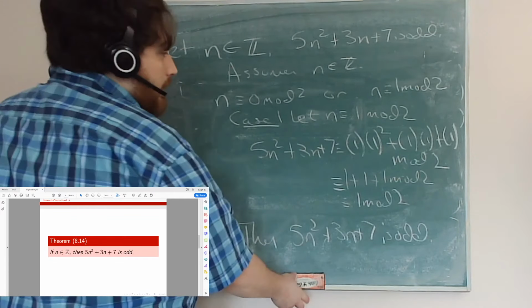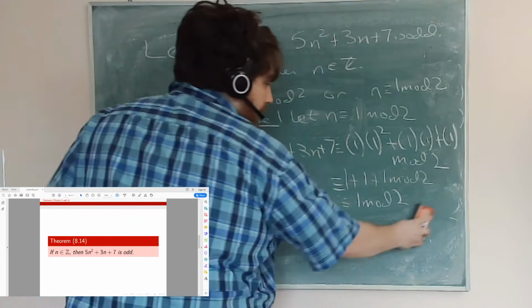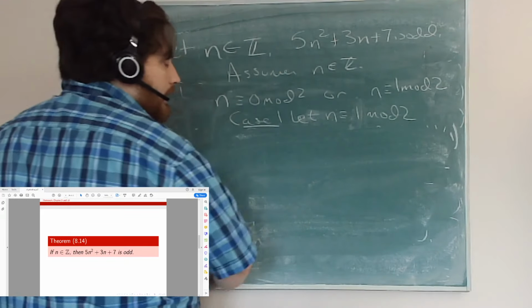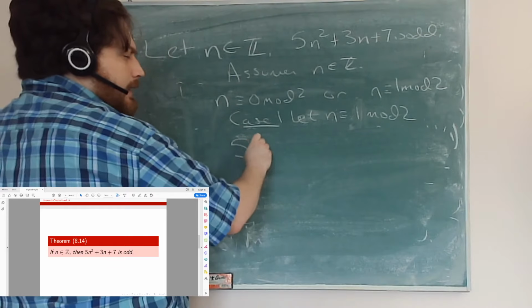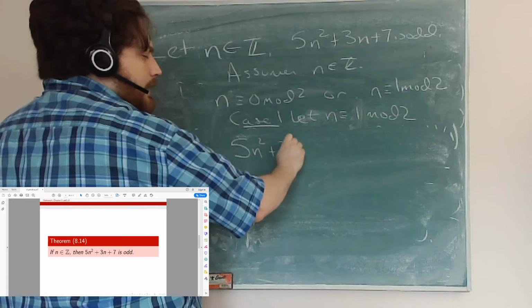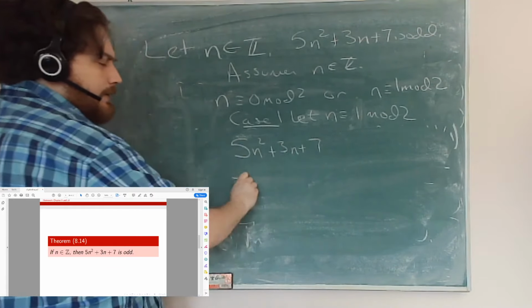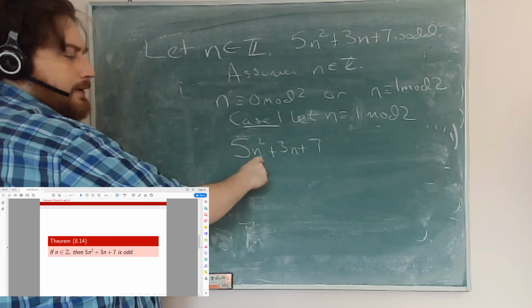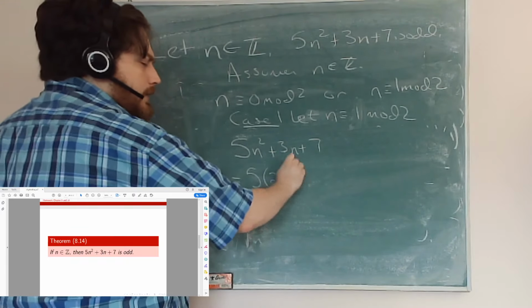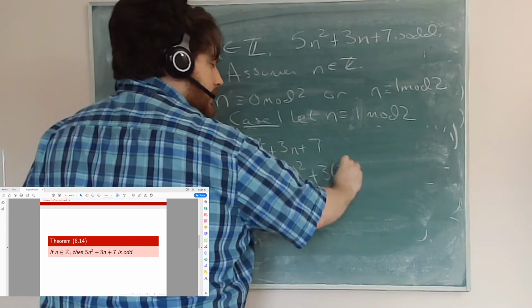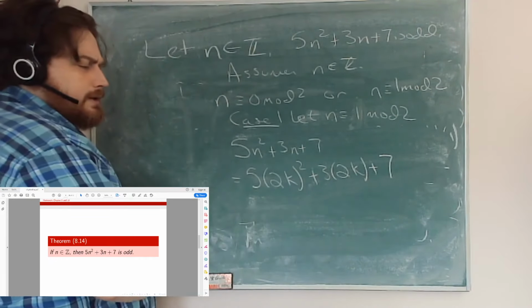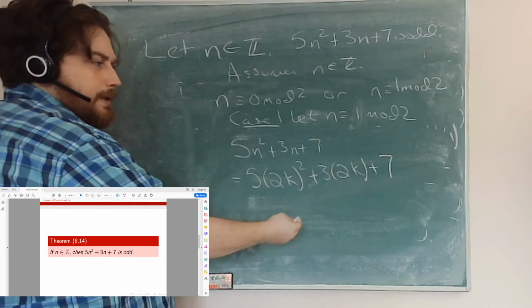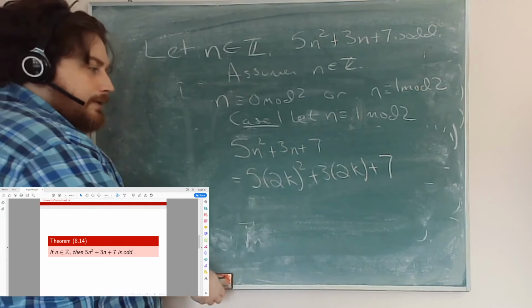All right. The one thing I do want to point out is that if you wanted to use, say, another technique, you could say something like 5n squared plus 3n plus 7 is equal to, well, if it's even, you can substitute in 2k. And now you can simplify this, and you want to show you get 2 times some integer plus 1 after you simplify.